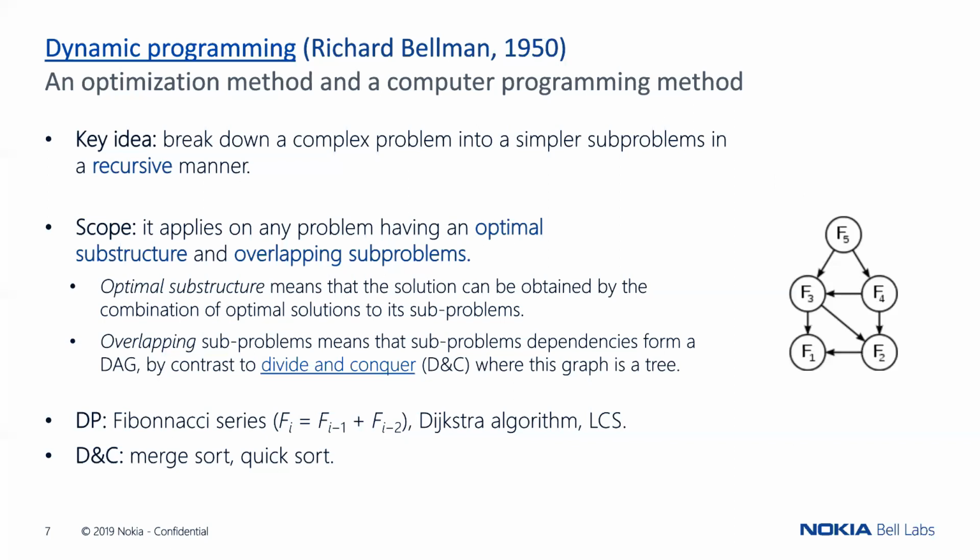This is, for example, what you do when you do sorting, such as merge sort or quick sort, where you split your list in small lists, sort those small lists, and then concatenate them. You don't reuse previous results. You just split the problem in small pieces that are independent of each other. So this is the main difference between dynamic programming and divide and conquer.